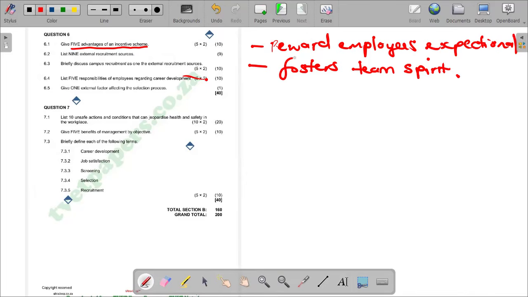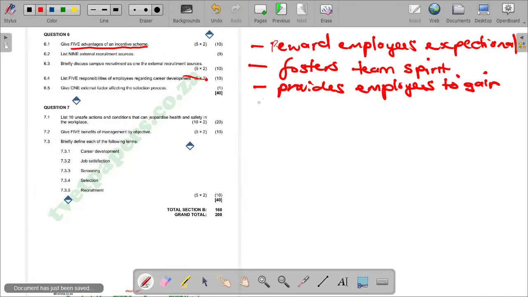And also it provides opportunity for employees to gain greater job satisfaction.